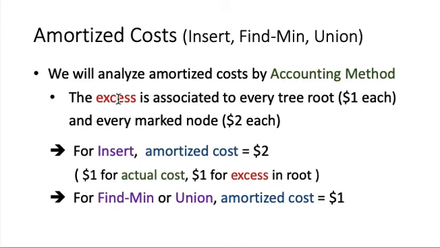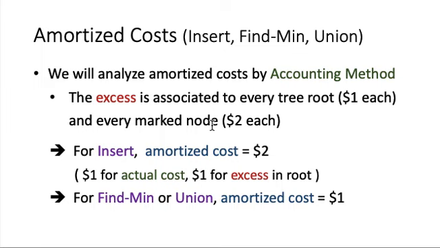The excess will always be there, so that every tree root will have $1 at least for it, and every marked node will have $2 for it. So the excess will be distributed into the nodes, and for each tree root there will be $1, and for each marked node there will be $2. And we assume that the tree roots are all unmarked.